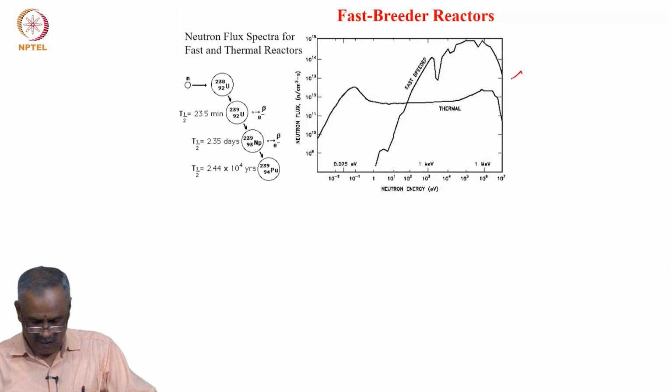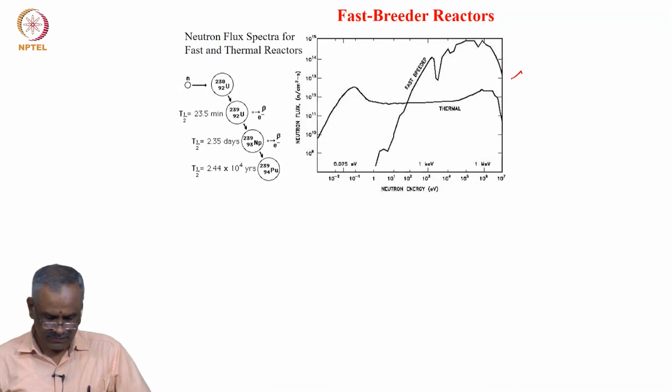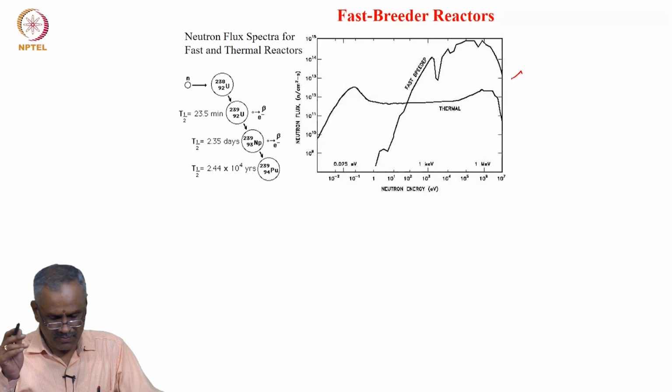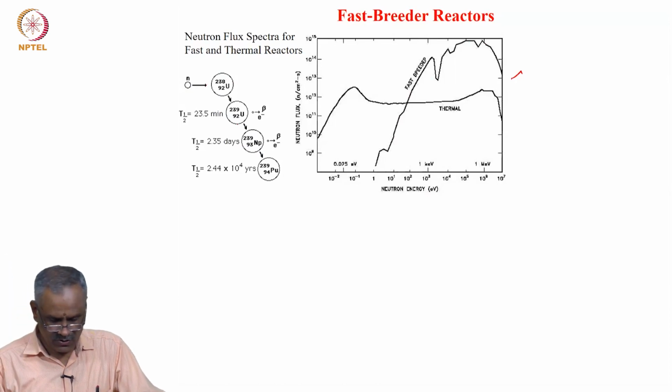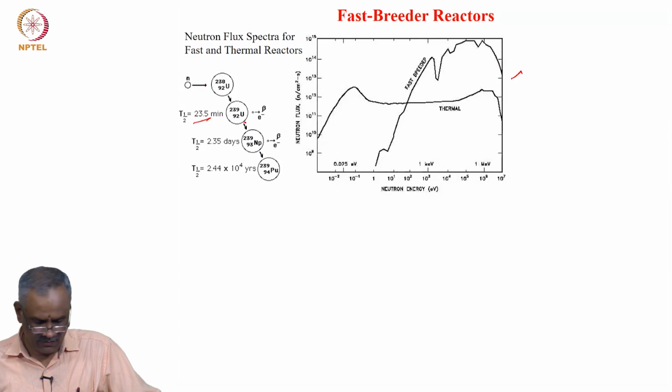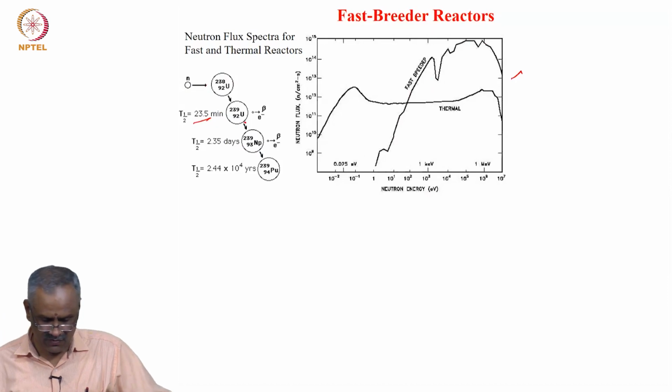When a neutron bombards U-238, it becomes U-239, with a half-life of 23.5 minutes.